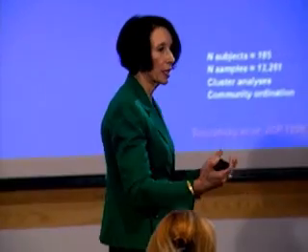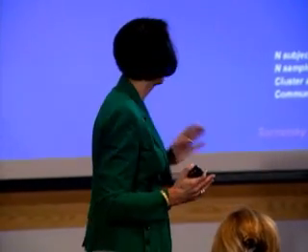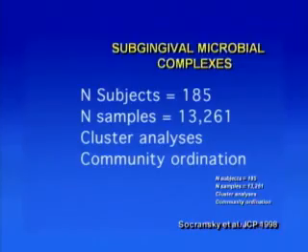What one does is identify the DNA from the bacterial species in the plaque samples using whole genomic DNA probes. And then using that data and various statistical analyses, such as cluster analysis and community ordination, which are basically techniques that look for associations among bacterial species, we found the following results.